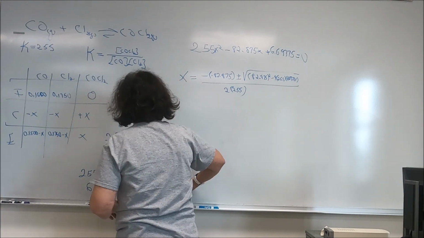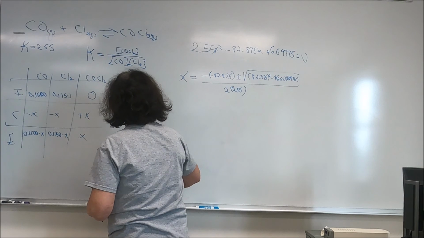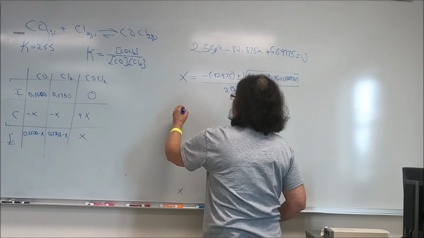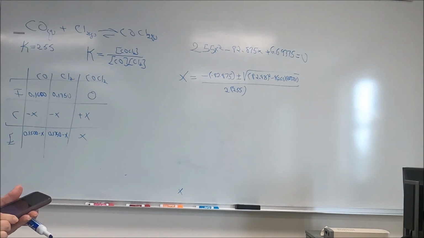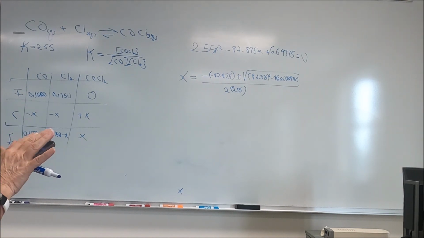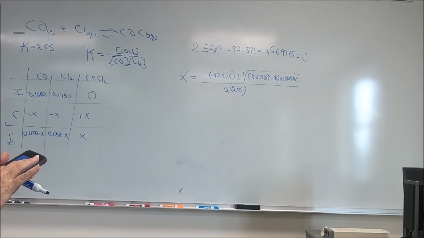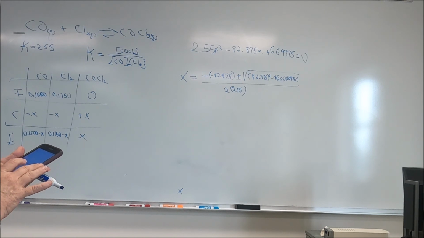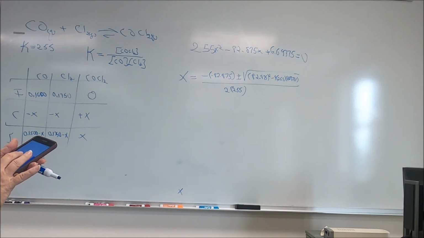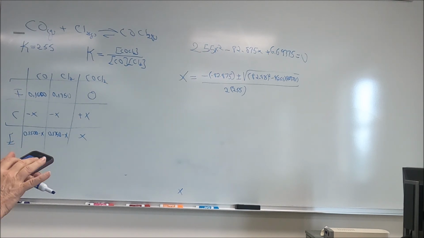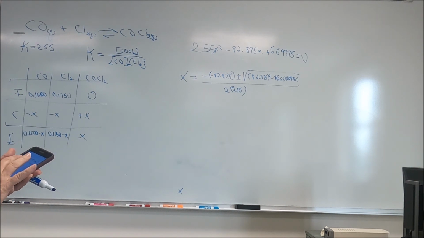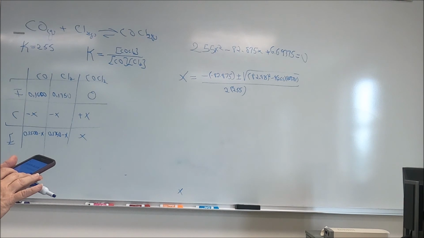Give ourselves a little room here to work. So, let's see if I can do this on my phone. Clear everything out. And I have 82.875, and I need to square that, times 82.875, okay.